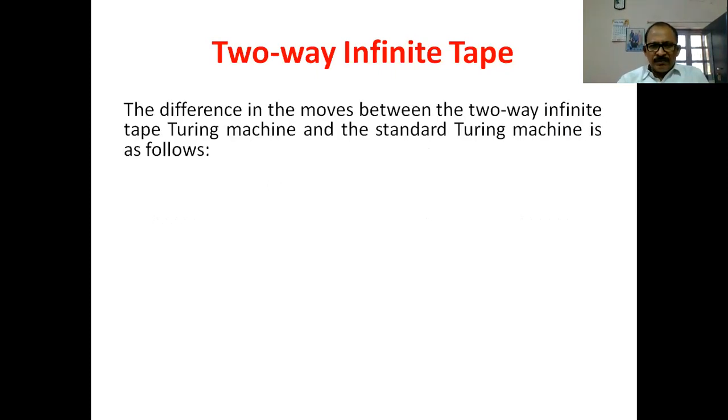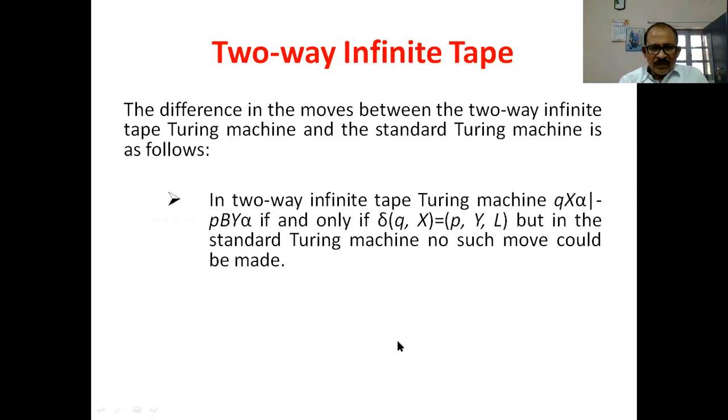The difference in the moves of the two-way infinite tape Turing machine and the standard Turing machine is as follows. In two-way infinite tape Turing machine, suppose this is the ID of the Turing machine at any instant of time: q x alpha. And this is the instruction: machine in state q, and the symbol under the tape head is x.